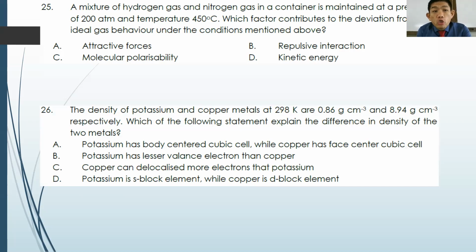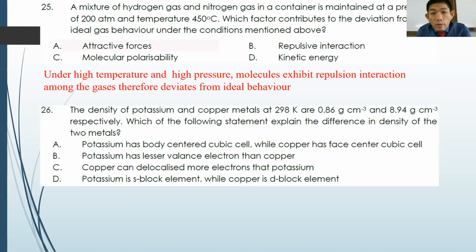However, in here the pressure is relatively high, so eventually you build what we call attraction forces. So when there are attraction forces between hydrogen and nitrogen, that will make the gas behave less ideally. So the best answer for 25 is A.